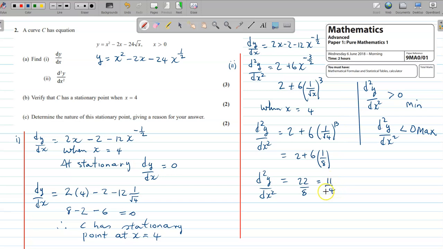So since the second derivative is greater than 0, the curve has a minimum. So we just need to say that since the second derivative equals 11 over 4, the curve C has a minimum value.